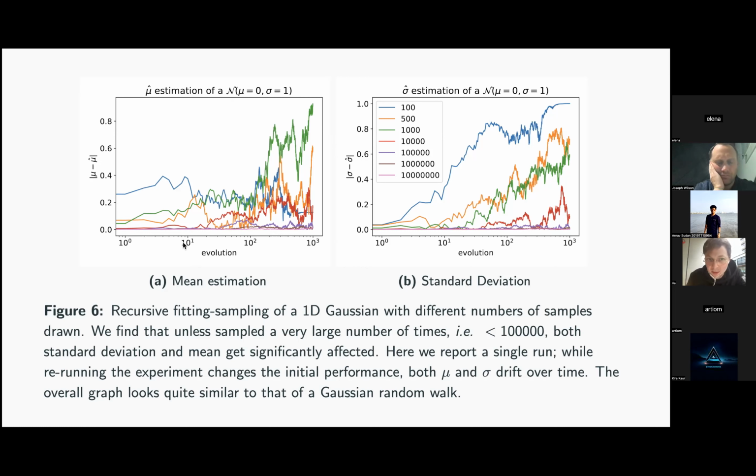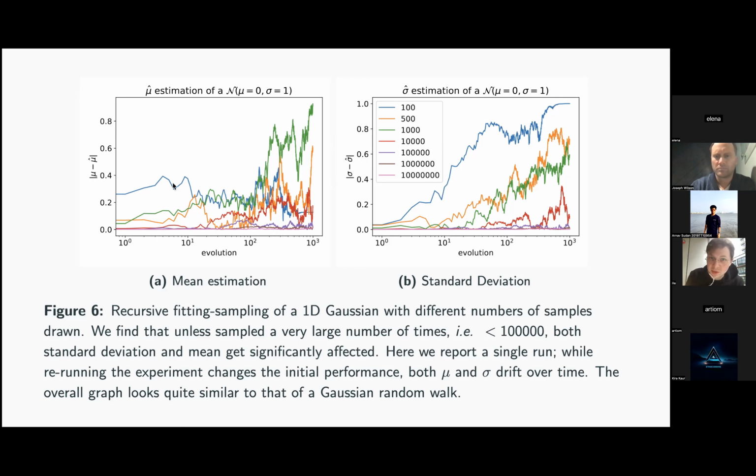So basically here at 10 to the power of 1, this is evolution number 10, and in this evolution we have sampled synthetic data 9 times, i.e., we fit 10 models inside of it. On the left, we see an error in estimation of the mean value, and on the right, we see an error in estimation of the variance of our distribution.